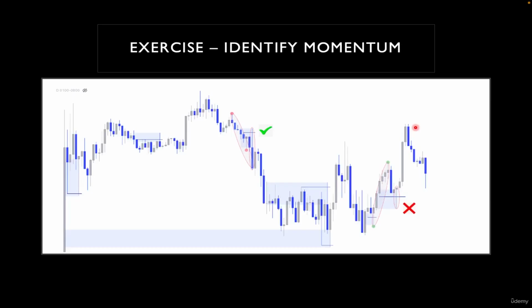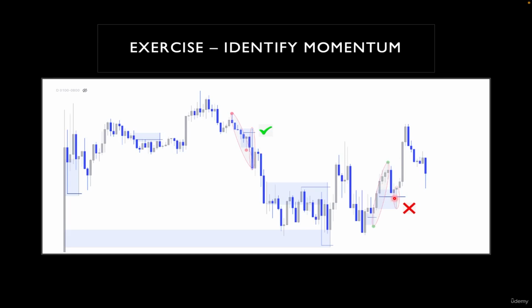Continue on from your previous markups and start to identify the momentum in the push down and the trigger candle in a bearish example, and the push up and trigger candle in the bullish examples. And once you've done that, I'll see you in the final theory video, which is step 5 in the process, which is traffic.